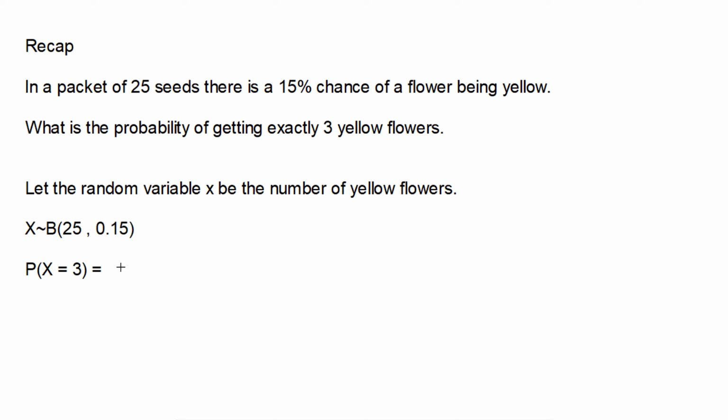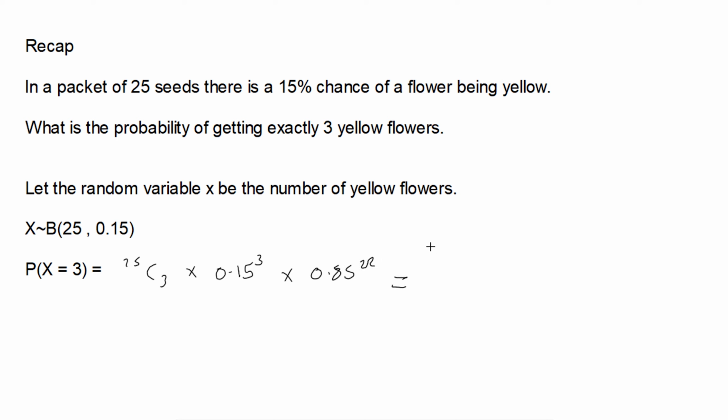So in order to work out the probability of X equals 3, so the number of yellow flowers is exactly 3, that's 25 choose 3, multiplied by 0.15 to the power of 3, multiplied by 0.85 to the power of 22.